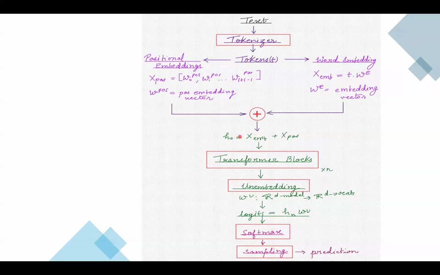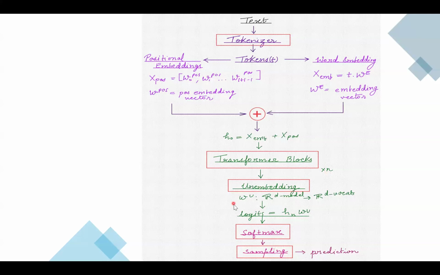The hidden state we started with, H0, becomes H1 after the first transformer block, H2 after the second, and in GPT-2 it becomes H12 after 12 transformer blocks. But the dimension won't change.